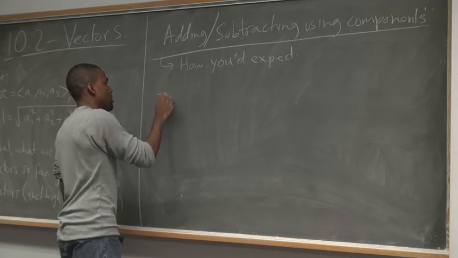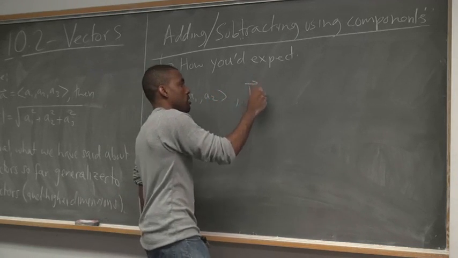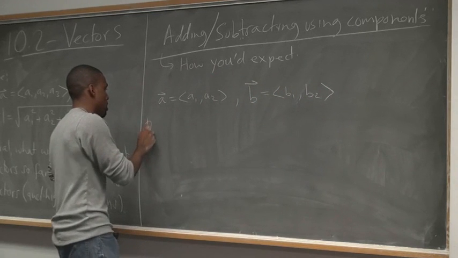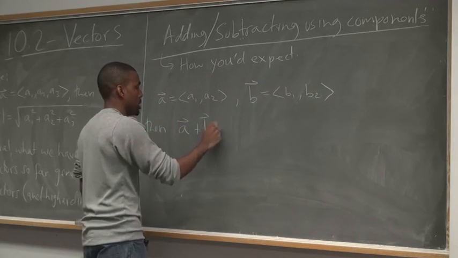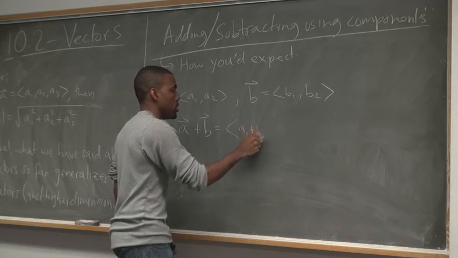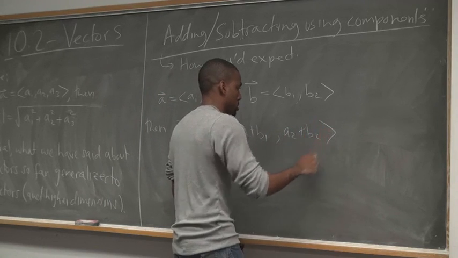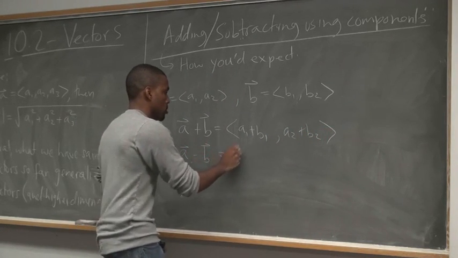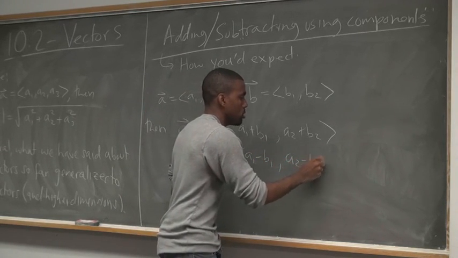So if your A is the vector A1, A2, and your B is the vector B1, B2, then A plus B is just the vector A1 plus B1, A2 plus B2, you just add component-wise. And the vector A minus B will just be A1 minus B1, then A2 minus B2.